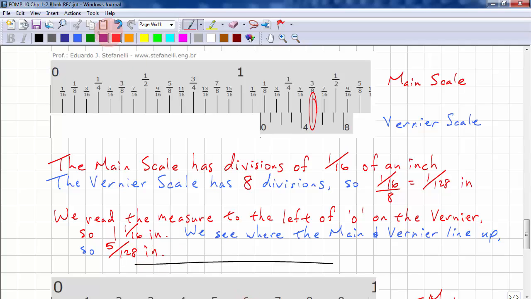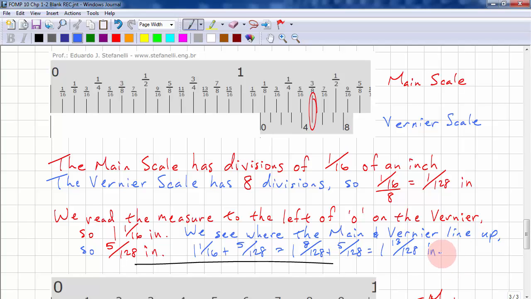Our final measurement is 1 1/16 plus 5 over 128. We need a common denominator. There are 8 divisions, so we multiply by 8. So we have 1 and 8 over 128 plus 5 over 128, and we get 1 and 13 over 128 of an inch.